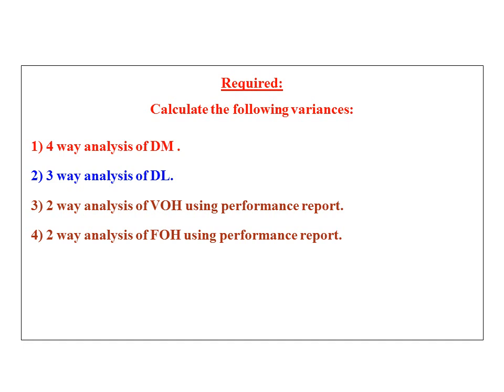So I repeat again: how to analyze direct material using 4-way, how to analyze direct labor using 3-way, and how to analyze variable and fixed overhead using a performance report.